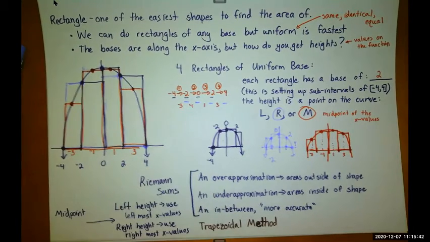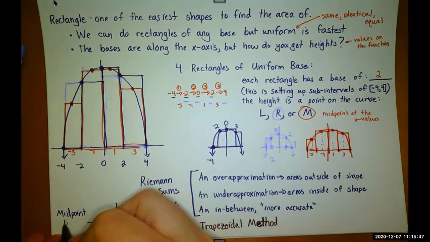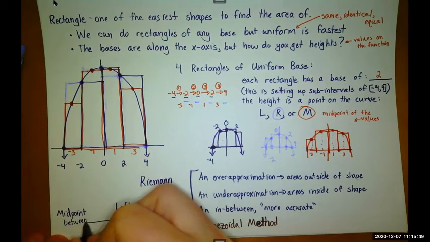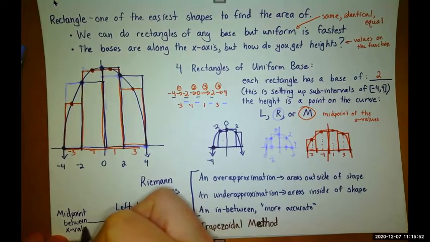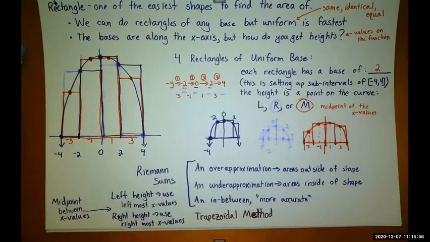And the midpoint again is the midpoint between the x values. So you could think of this a little bit like Goldilocks. Too big, too small, just right. And then we've got the 4th option, which is why math is better than English. We have the trapezoidal method, which is even more accurate than the midpoint.